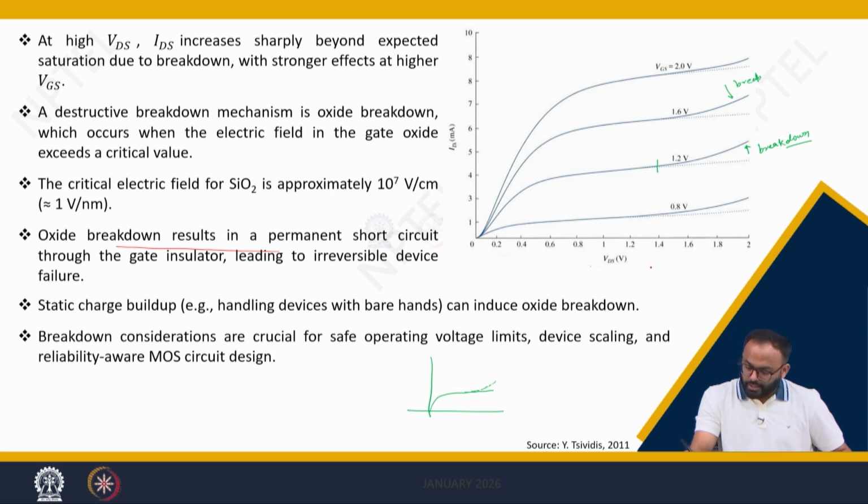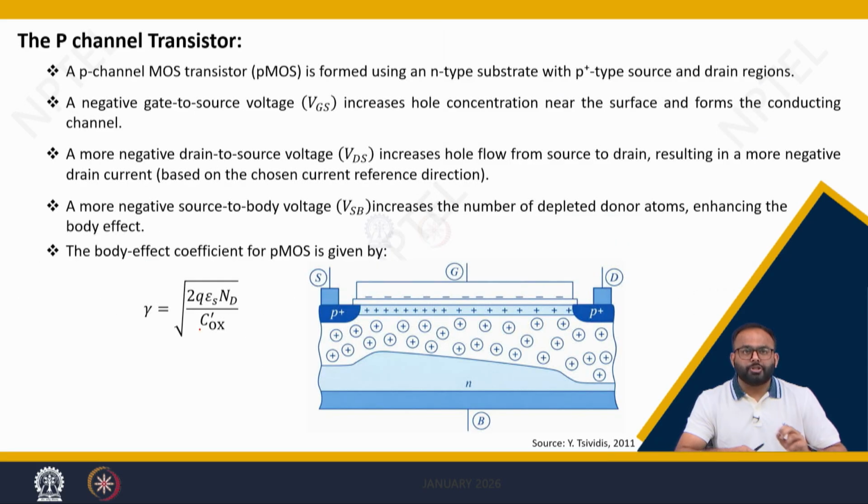Similarly, the static charges which build up in the oxide also cause a destructive breakdown. So after all these phenomena, let me introduce the p channel transistor. In the previous lectures, we have discussed all about the n channel transistors.